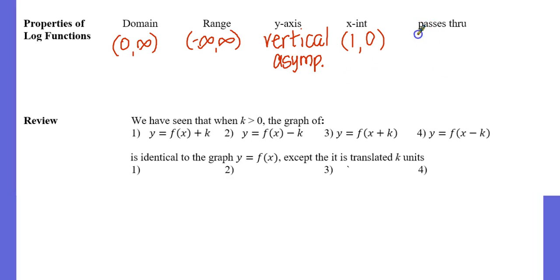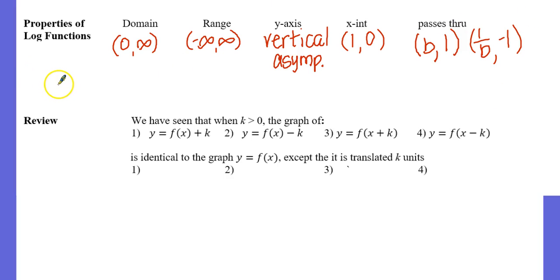It will also pass through the point base, 1. And I also like to extend it more than most teachers and give you the reciprocal of the base, -1, as a third point to graph. It gives you a better curve because those are your curving points where the graph really drastically changes from one direction to another. Okay, so we'll be looking at those.